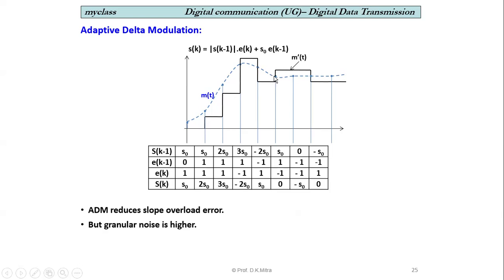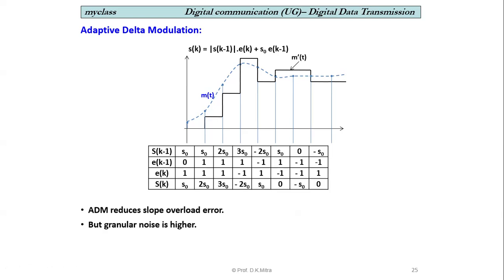Here I take a 1-step jump up if you do the same calculation. So if you study this curve, you will find that it can definitely reduce the slope overload error. But because of this 2-step jump here, the granular noise will be slightly higher.